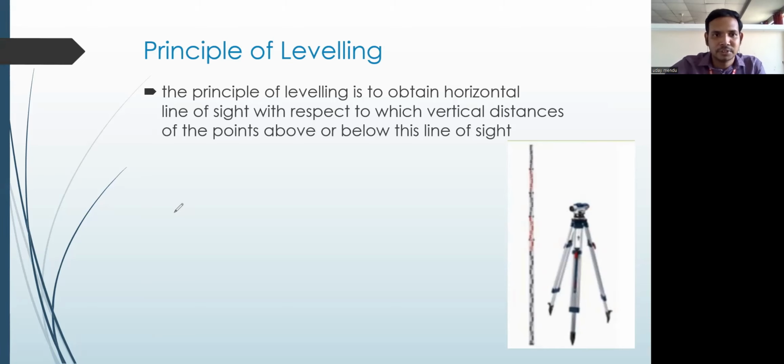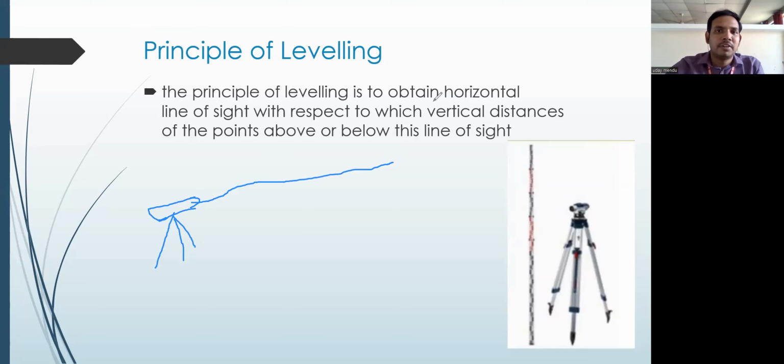For example, if you see here, this is the tripod stand. On the tripod stand, if you place the level like this, the line of sight will be horizontal like this, right? So the distance may be above the line or else below the line.